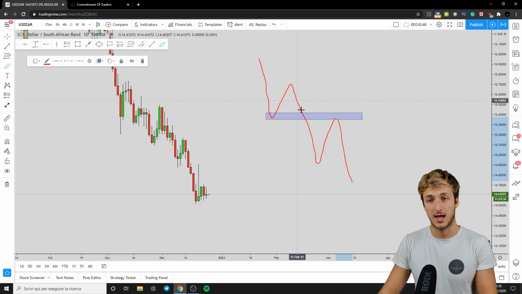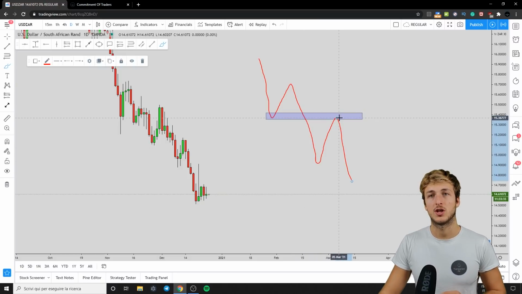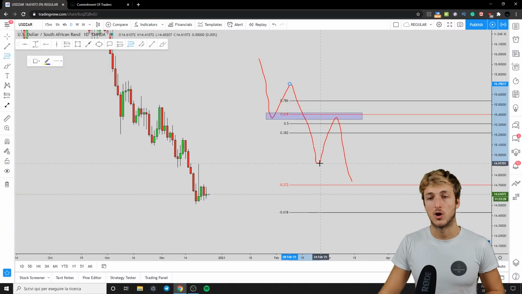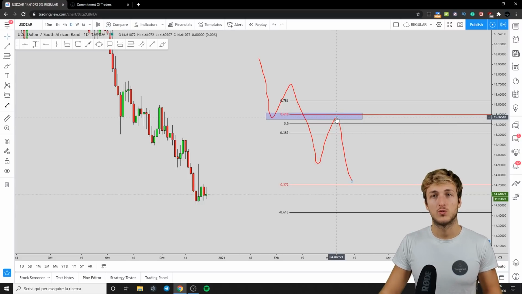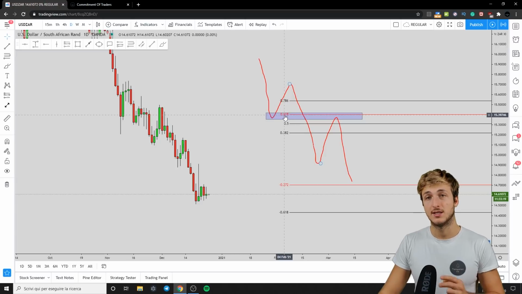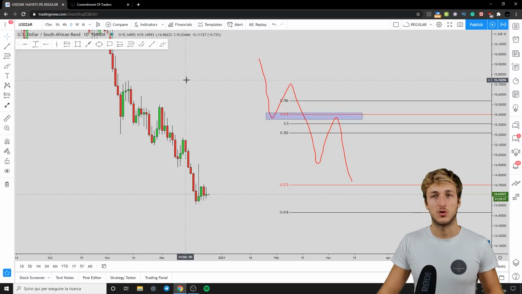However, as you know, after an impulse, if you want to measure the correction, you have to take your Fibonacci from the high to the low of the impulse. And what you expect is for the market to provide a retracement to the Fibonacci level which is aligning the best with structure. In this case, the 0.618, which is also the golden ratio.